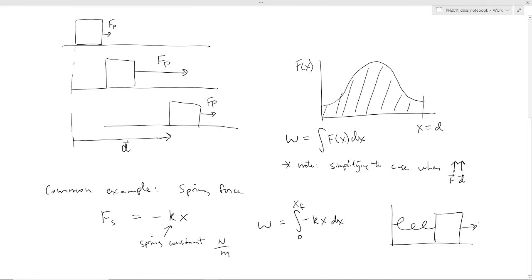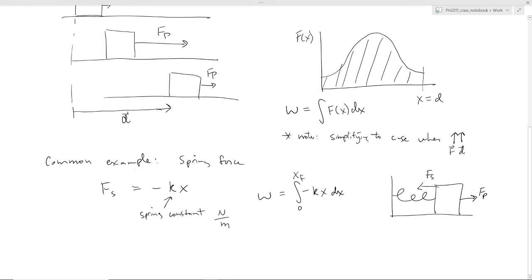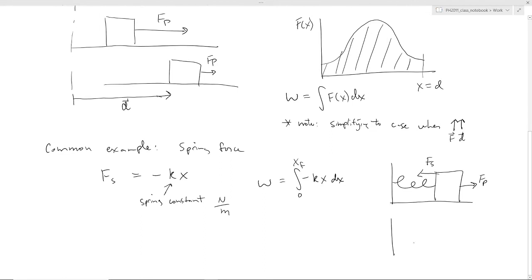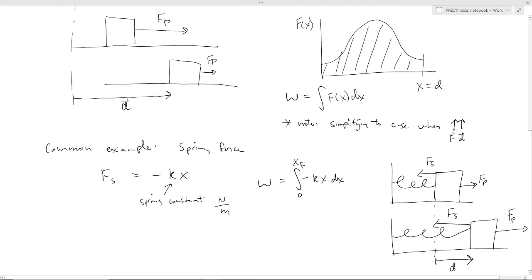And if you pull on this, we know that the spring force is going to pull back. And so if we moved this guy, our spring would stretch. The spring force would be larger. Our pulling force would also have to be larger. And this would correspond to a displacement like that.